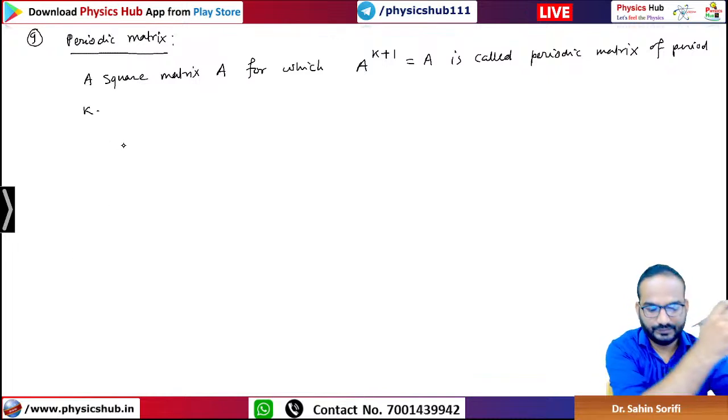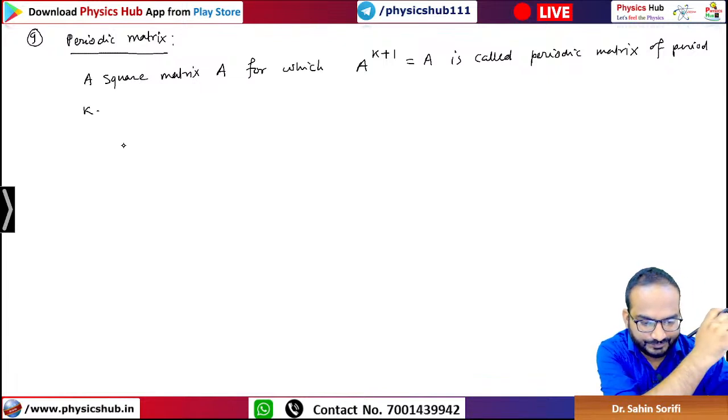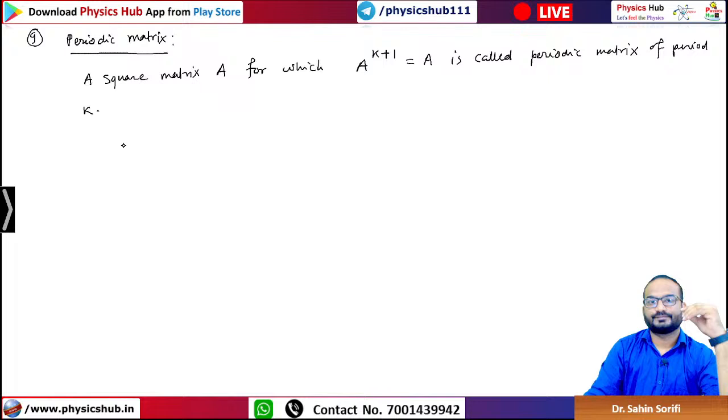Any example you know for periodic matrix? Identity matrix will be a periodic matrix.